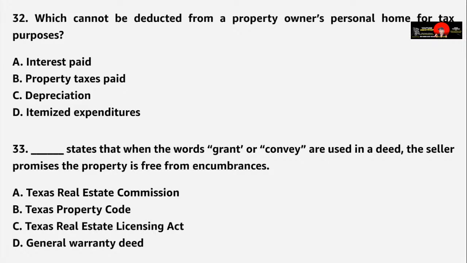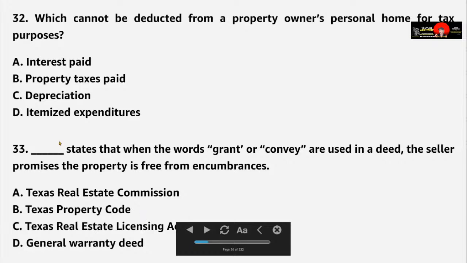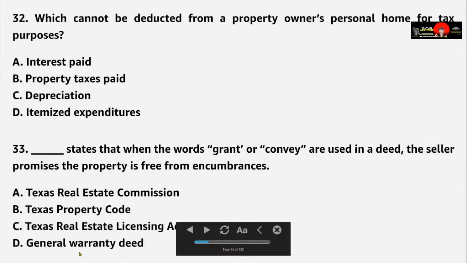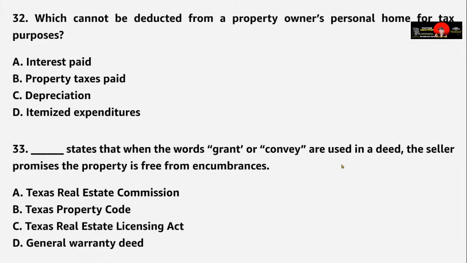It means that it is free or clear. No, it's not D, because the question already says some document states that when the words grant or convey are used in the deed. The deed is the general warranty deed, so we can't use the deed there.